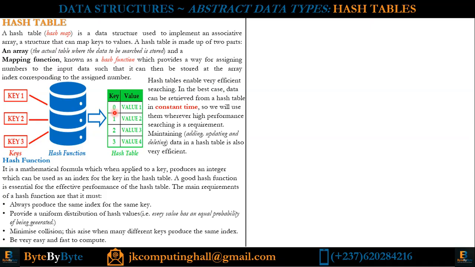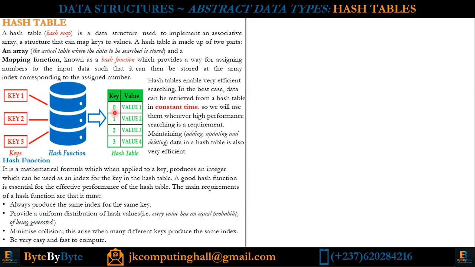The main requirements of a hash function are that it must always produce the same index for the same key. That is, today you are running a particular program for a particular key, it produces an index. Then the number of times you are going to use the same algorithm, it must produce the same index for the same key.